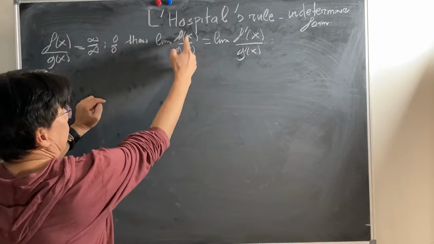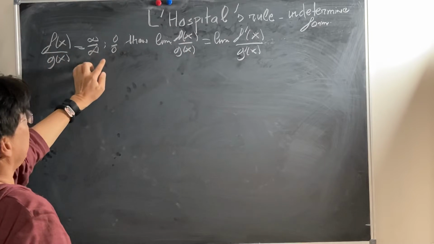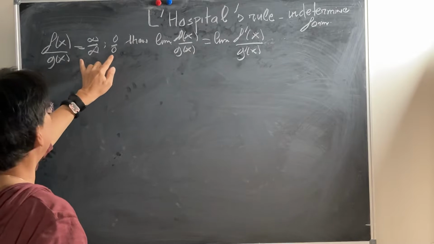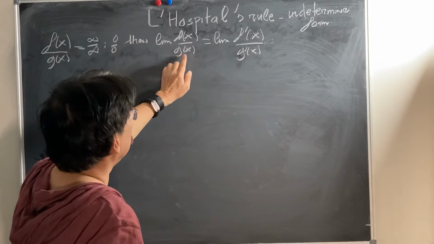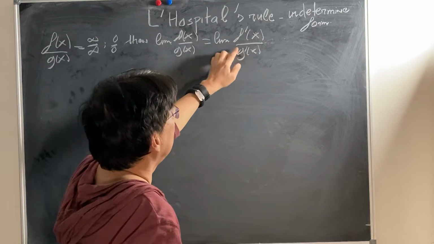So if the limit of f(x) over g(x) has an indeterminate form, then the limit of f(x) over g(x) equals the limit of f prime x over g prime x.